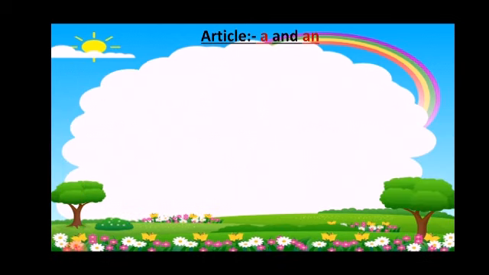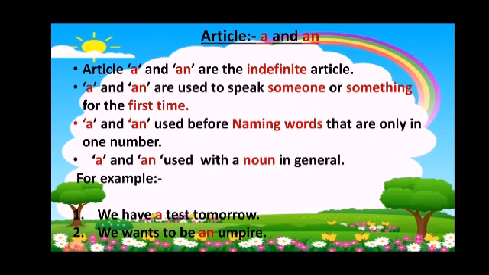Articles A and AN. So let's see what we learn. Articles A and AN are indefinite articles. A and AN articles are used to speak of someone or something for the first time. A and AN are used before naming words, that is before nouns that are only in one number.